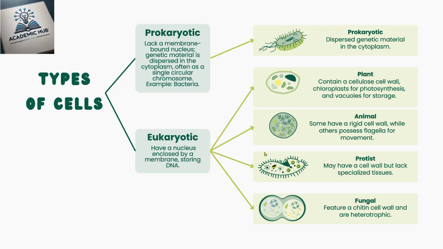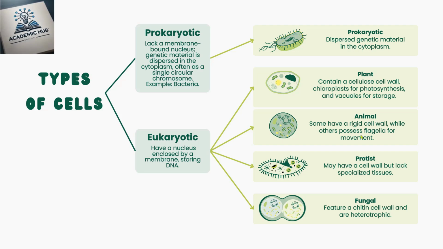Now the next example is the animal cell. Now we will discuss animal cells. Animal cells are flexible and do not have a rigid cell wall like plants. Instead, they have a cell membrane that provides protection and controls what enters and exits the cell.